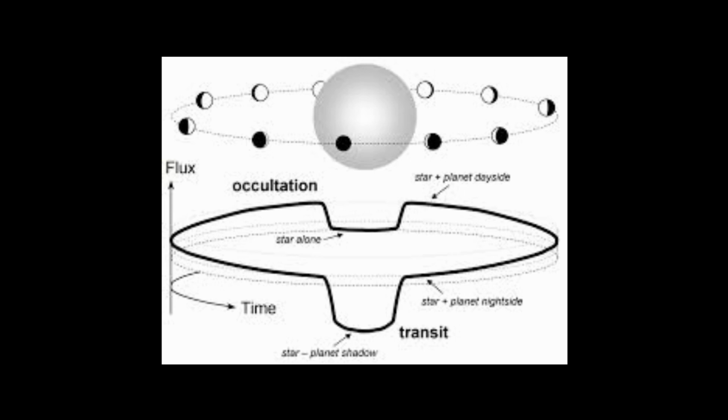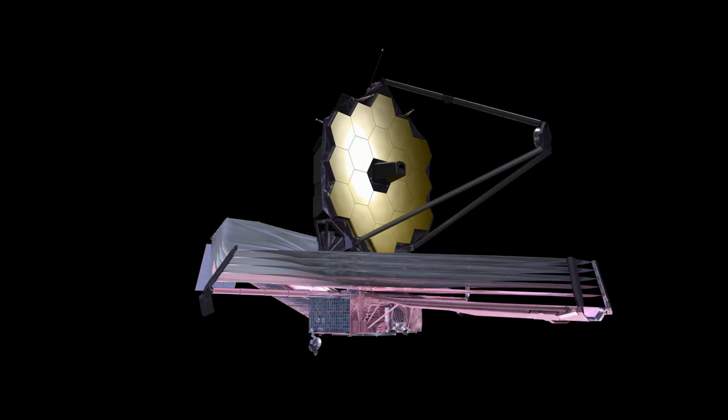And that's actually a problem because you need a really precise spectrometer to actually precisely measure those absorption lines, and here the James Webb Space Telescope might help.